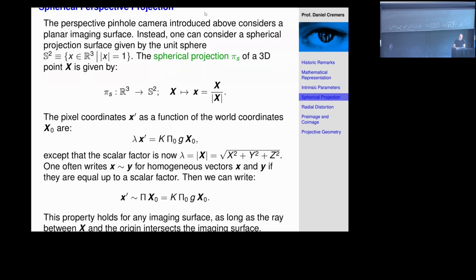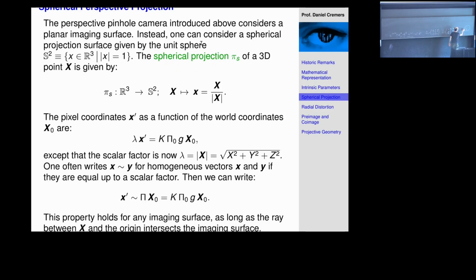Beyond the perspective pinhole camera that we just introduced, that accounts for a planar projection surface, where the projection here is a plane, you could instead have a projection that is not onto a plane but onto a sphere, for example, right?